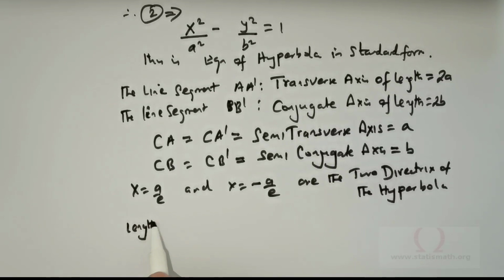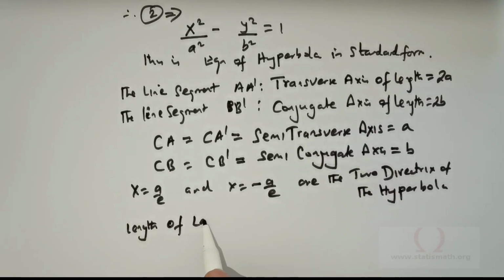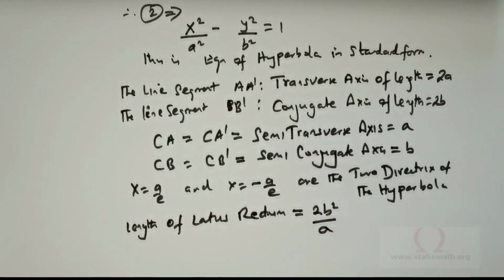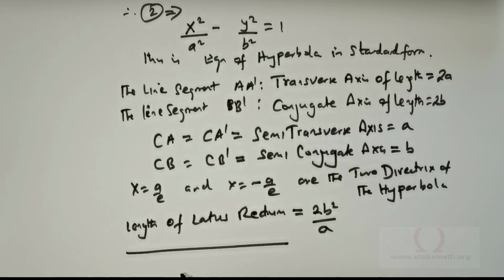Now the latus rectum: the length of the latus rectum is given as 2b squared divided by a. These are the following pieces of information. Of course, the hyperbola will have an asymptote, and we will deal with that in the following classes.